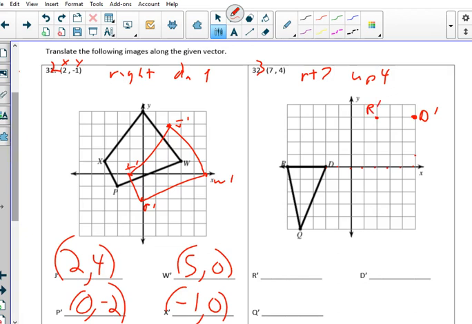And Q, 1, 2, 3, 4, 5, 6, 7, 1, 2, 3, 4. There we go. Q prime. So R prime is at 2, 4. D prime is at 5, 4. And Q prime is at 3, negative 1.